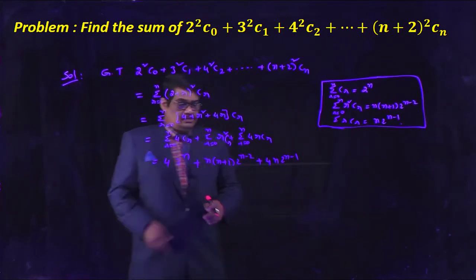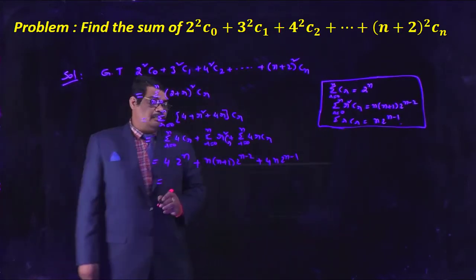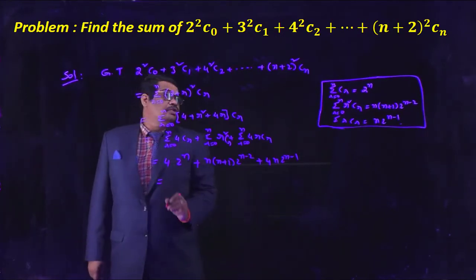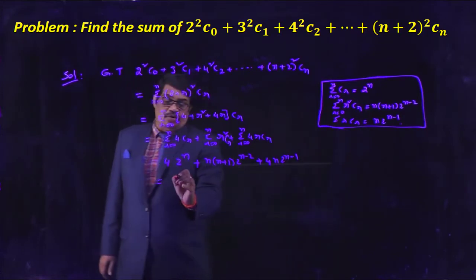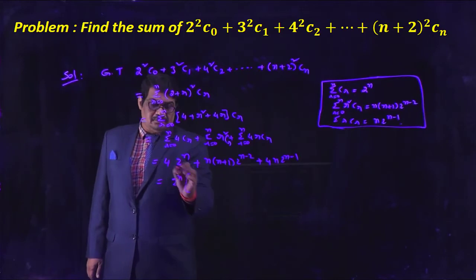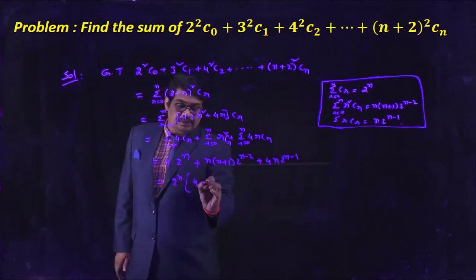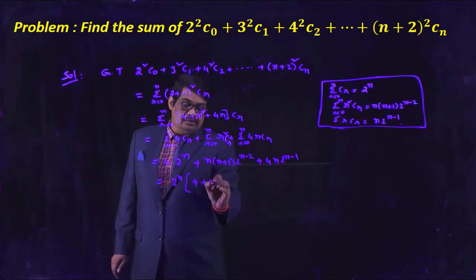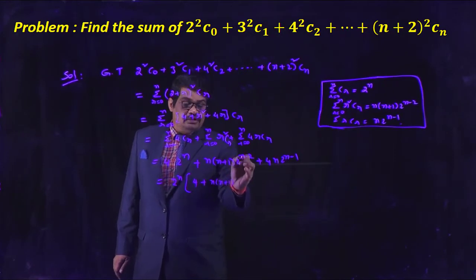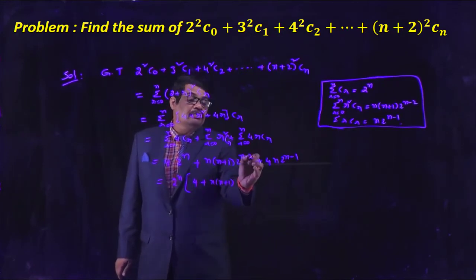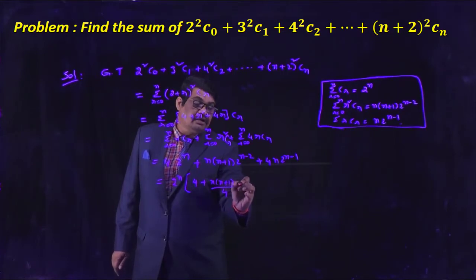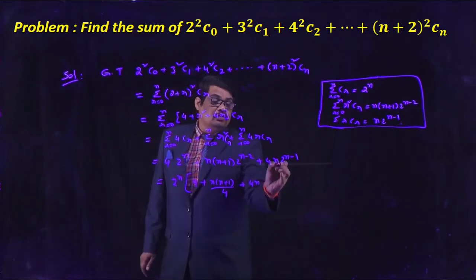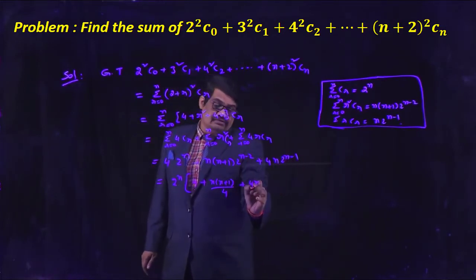Now we are simplifying. 2 to the power of n is common. Taking 2 to the power of n common, the first term is 4, plus n into n plus 1 with 2 power minus 2, that is 2 square in the denominator, plus 4 into n with 2 power minus 1, that is nothing but 2.